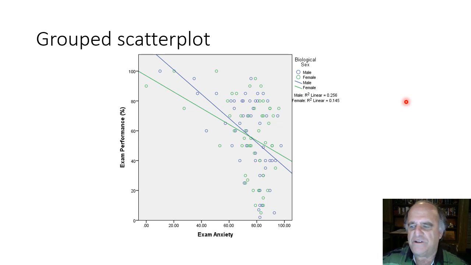One of the things we would use statistics for is to see if there is a difference in these two scatter plots. So is there an interaction with sex? In this case, it looks like there might be, but that doesn't mean it's actually significant. But anyway, we get a regression line for males and a regression line for females.